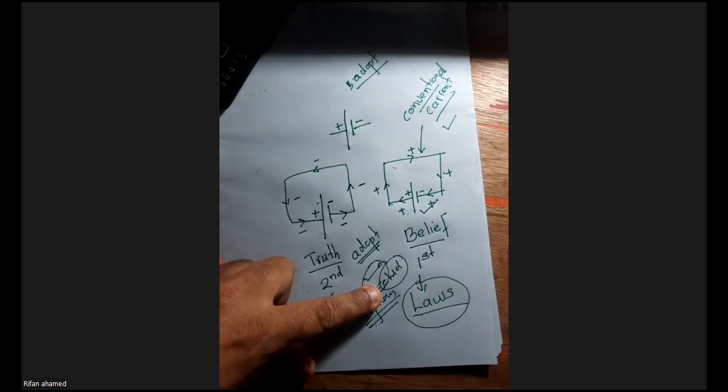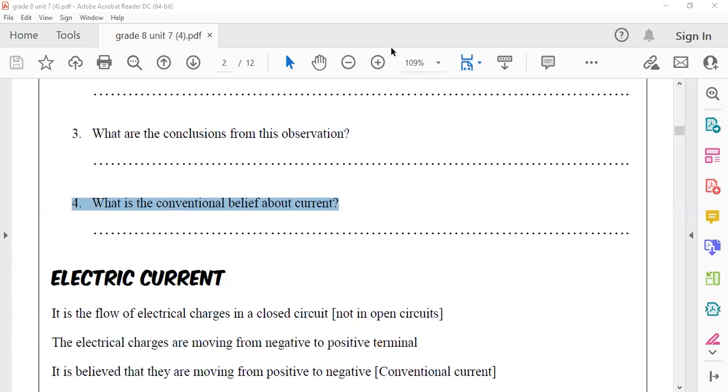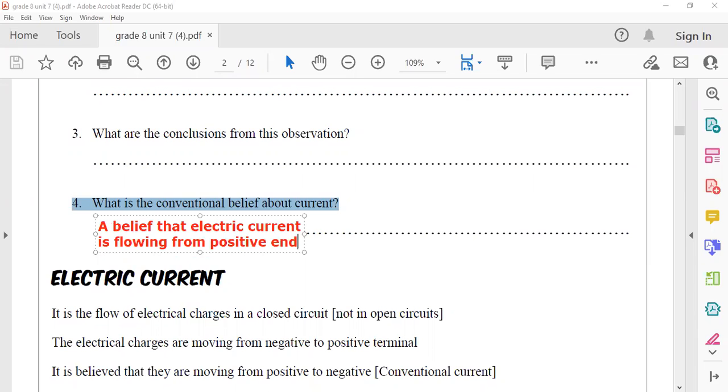That is called conventional current. Understood? What is conventional current? It's a belief. What is the belief? That electric current is flowing from the positive end to the negative end of the electric source.